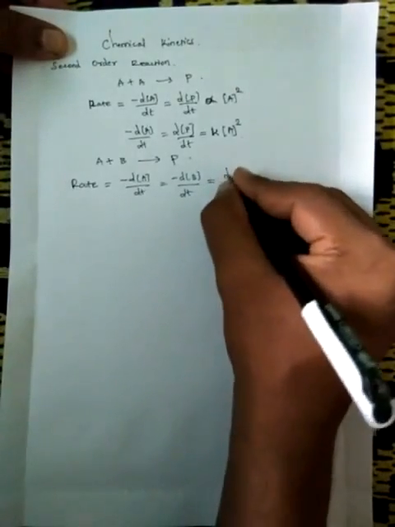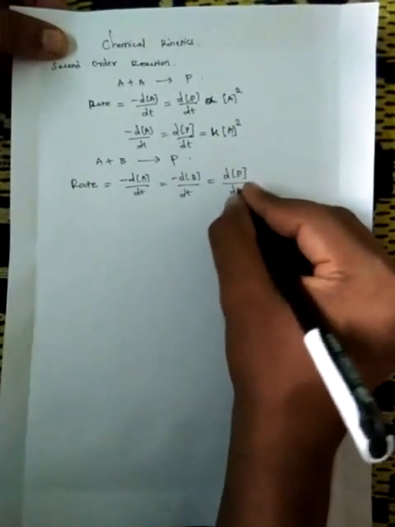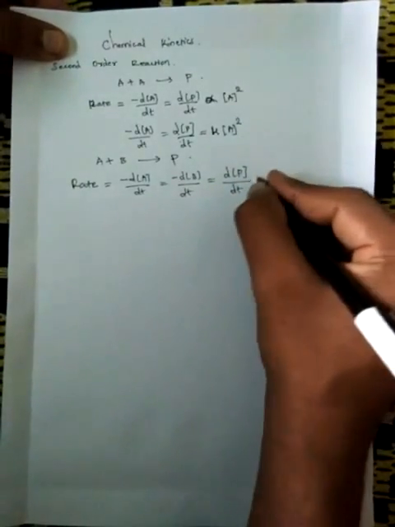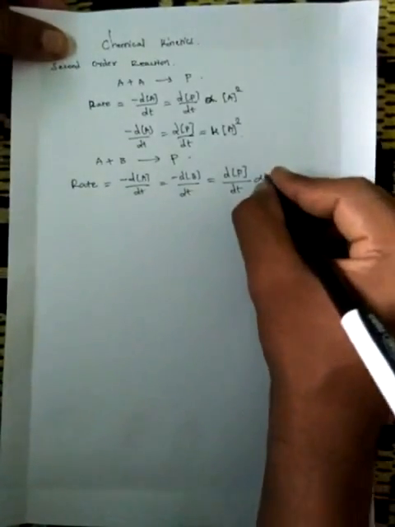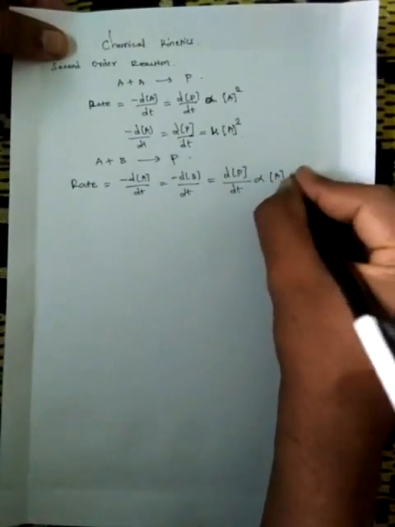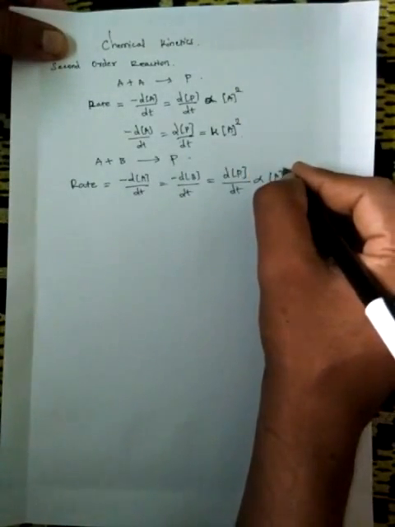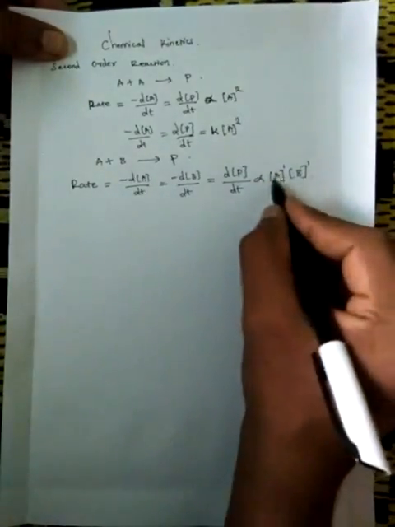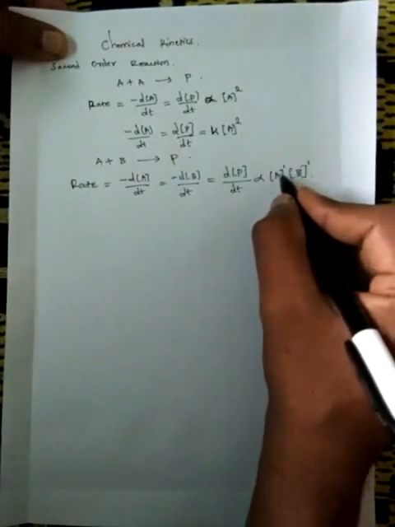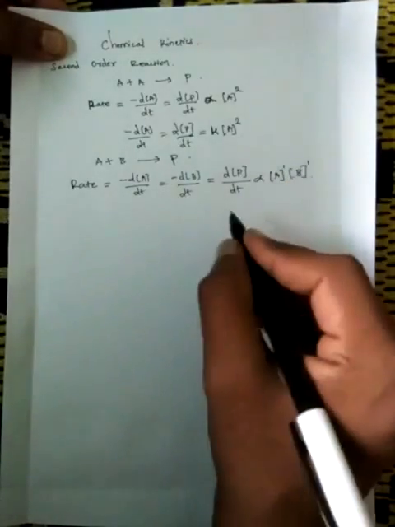With respect to product, the change in concentration of product with time is of course directly proportional to the concentration of A and the concentration of B. Let me say power 1, here also power 1. I assume a second order reaction of this type, that is, order with respect to A is 1, order with respect to B is also 1.